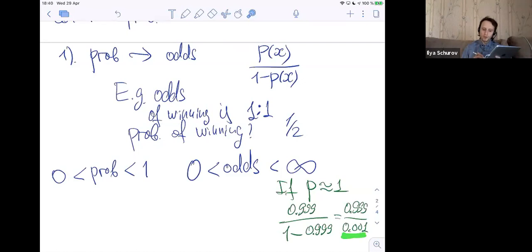To divide by something very small is the same thing as to multiply by something very big. It means that these odds can be made arbitrarily large when probability tends to 1.